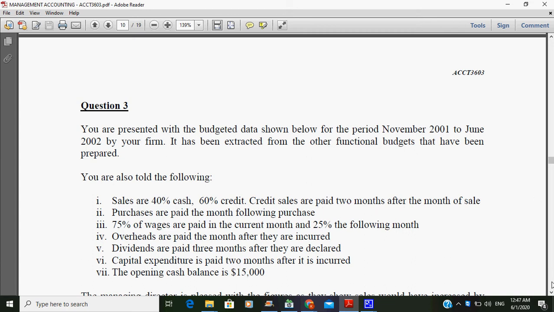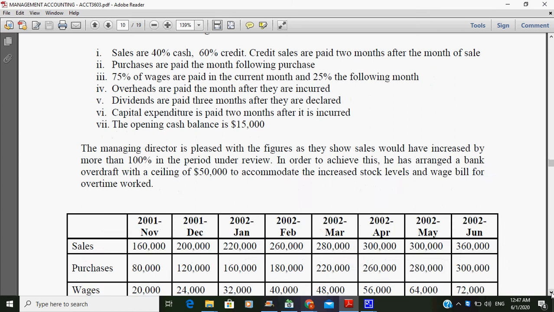Therefore, in January you'll be collecting 60% of sales from November, 0.60 times 160,000, that would be $96,000. So that $96,000 would have been a receipt as well as the 40,000 in January.